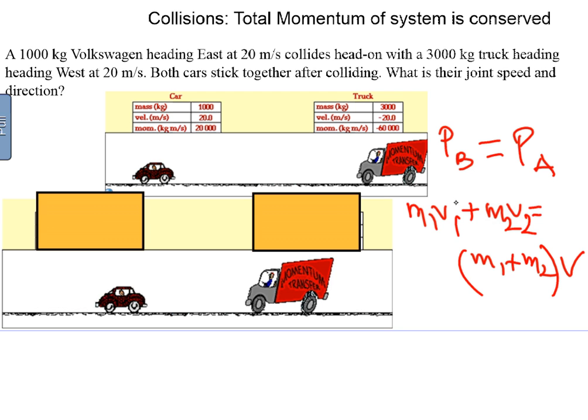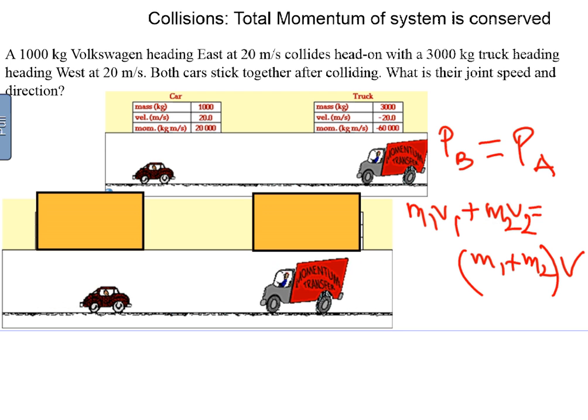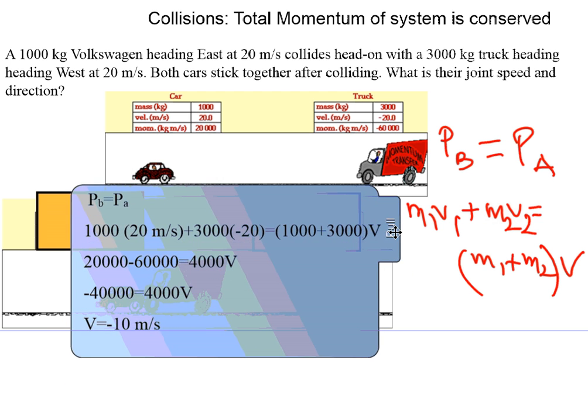We put in the numbers for m1 and v1. (1,000 times 20) plus (3,000 times minus 20, because the truck is heading to the left) equals (m1 plus m2), which is 1,000 plus 3,000, times their joint velocity.